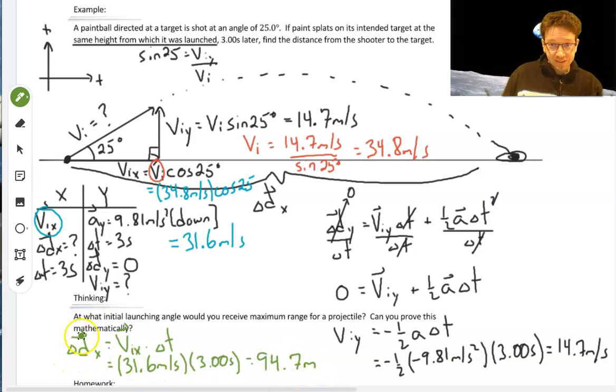And that is a vector. If you want, you can just label this to be forward, whereas this one is up. So our vector is just 94.7 meters forward.